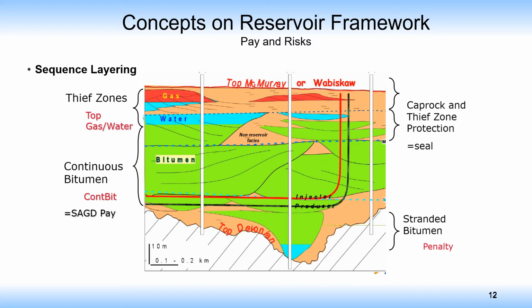We'll have some top water, top gas. These could be in communication and be thieves. So the continuous bitumen or the continuous pay is illustrated here. We have potential thief. We want to understand cap rock. What is the cap on the reservoir? Both the seal and what's the top of our pay and what's stranded.